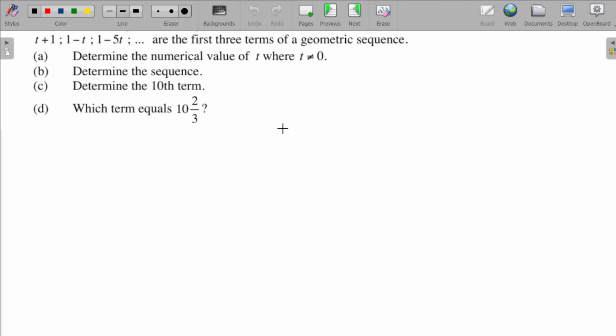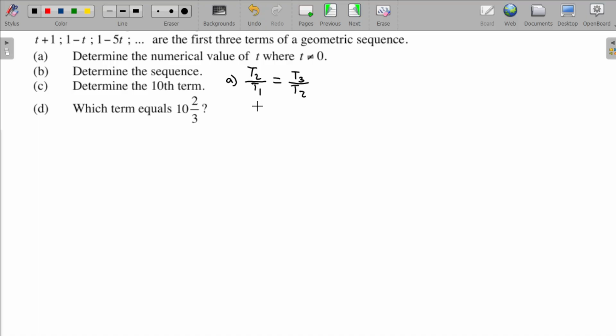So we know that our t should not be equals to 0. Now again, this is a geometric sequence. Again, geometric sequence needs to start by saying T2 over T1 is equals to T3 over T2. Again, this is number A.